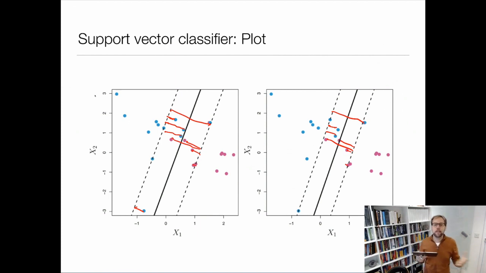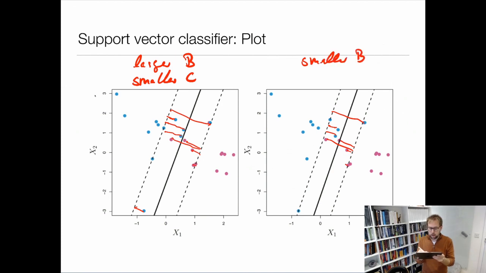So those plots differ by the choice of c and b. This one has a larger b, or conversely a smaller c. This one here is just the other way around. This one has a smaller b, or conversely a larger c.